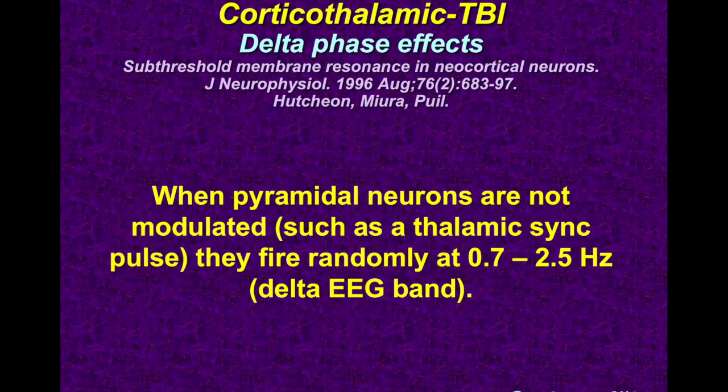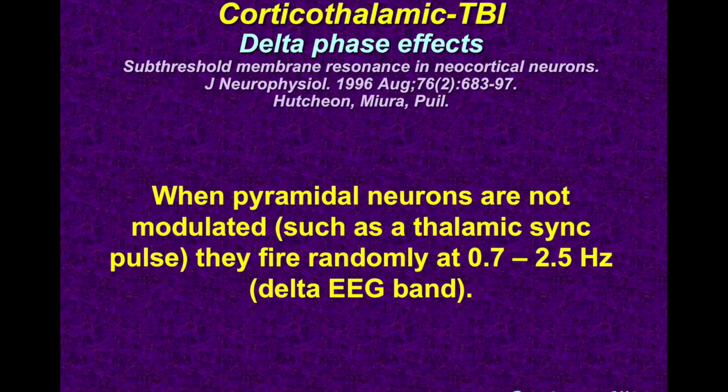One of the things about most TBIs in general is that not only do we see delta changes, but we also see delta phase problems. We see delta phase problems because if those networks get slowed in any fashion, the phase is going to drift in the areas that have been damaged or slowed down.